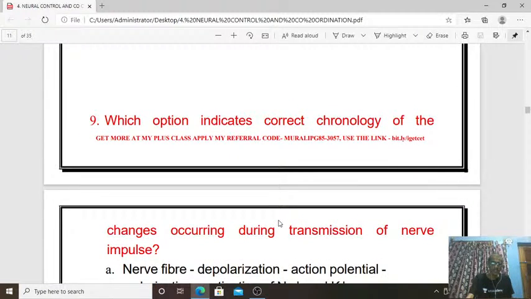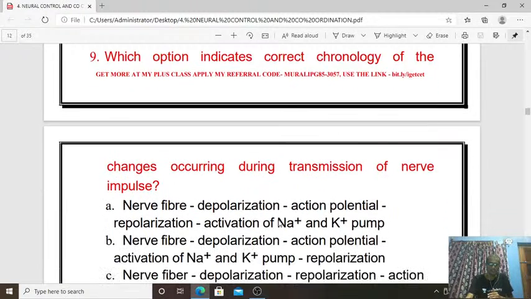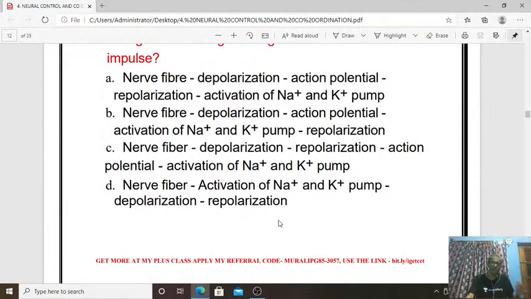Which option indicates the correct chronology of the changes occurring during transmission of impulse? These are the steps of conduction of nerve impulse through the neuron. I have given 4 options.